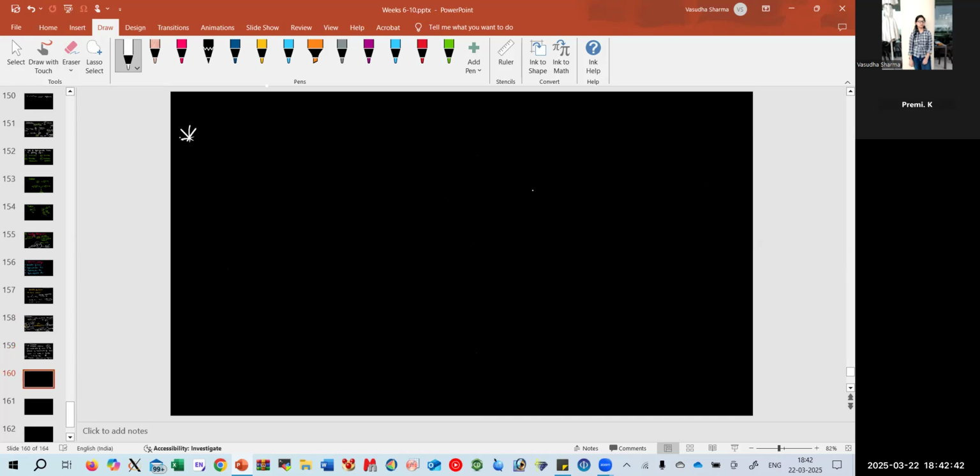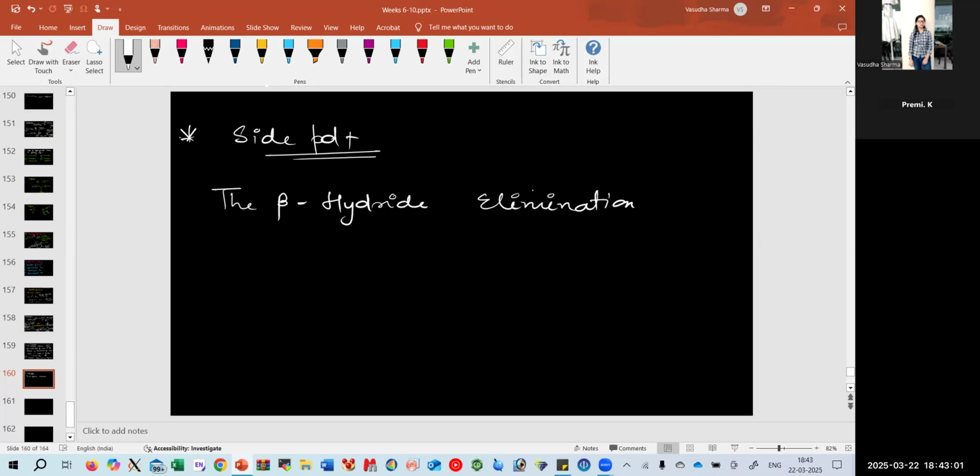There could be side product formation as well, if at all your amine is having a beta hydrogen, it undergoes beta hydride elimination. So beta hydride elimination would give imine and ArH.